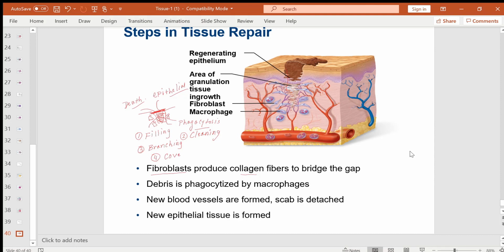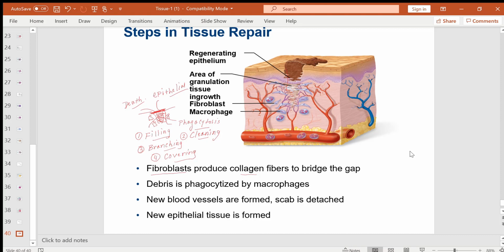So an easy way to remember: filling by the collagen fibers, cleaning by the phagocytic cells, macrophages, branching from the adjacent blood vessels, and covering by the epithelial tissue. So that's how the healing takes place.